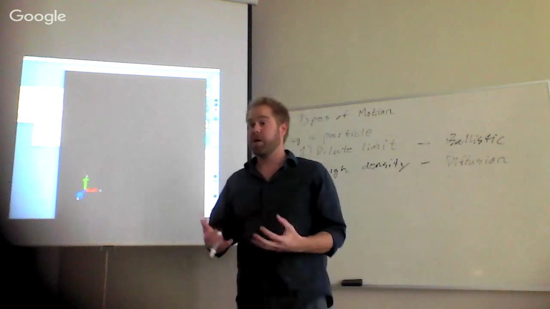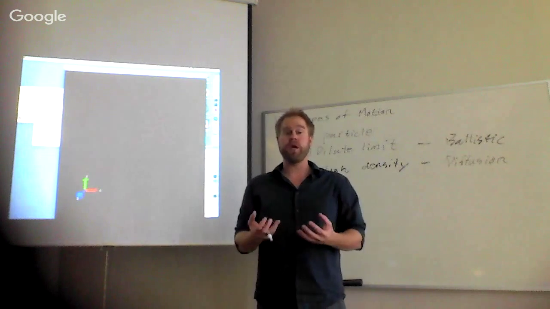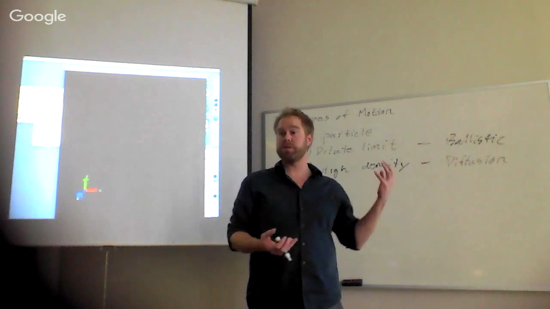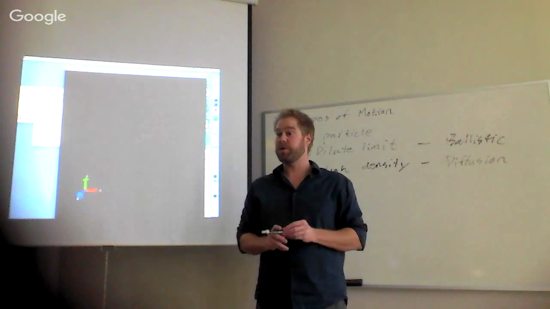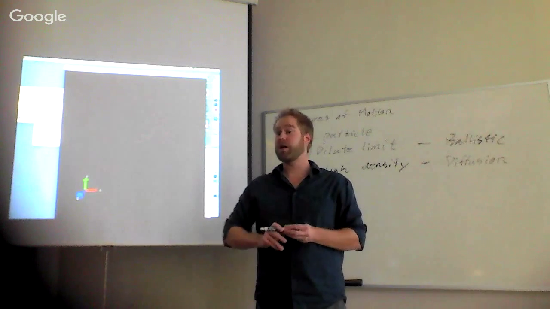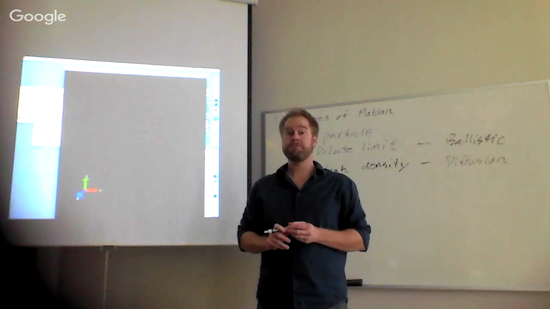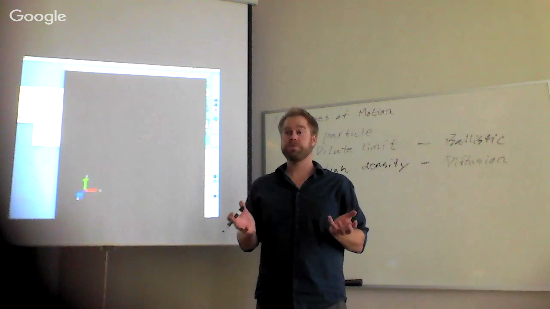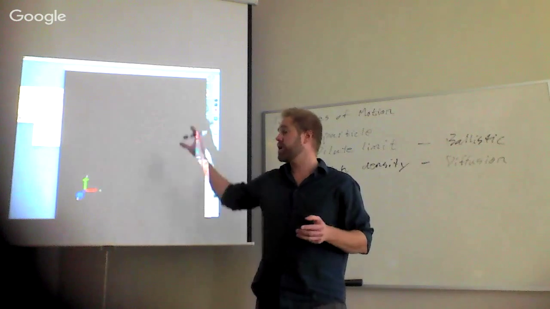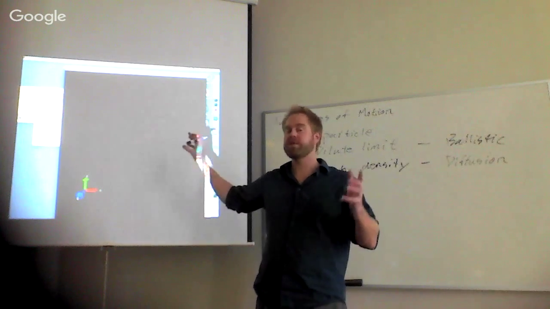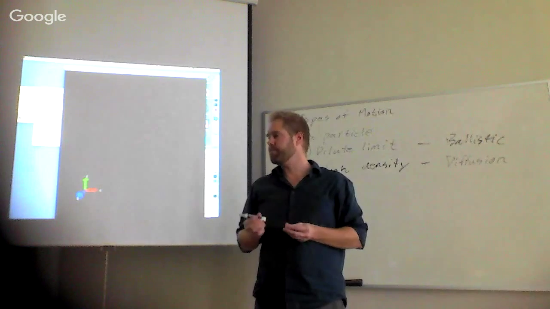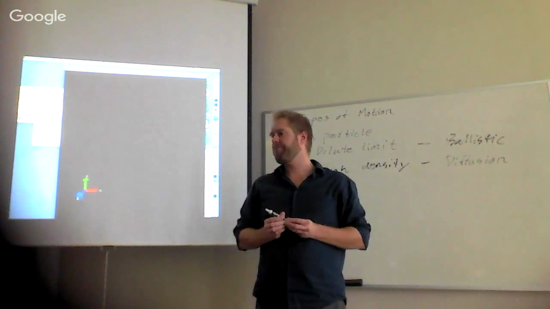And we'll be talking about this a lot in the next couple of weeks, about the difference between ballistic motion and this diffusive motion. Diffusive motion has very different characteristics. Cool? Everyone with me? Okay, so this is also called, as Martin said, a random walk.